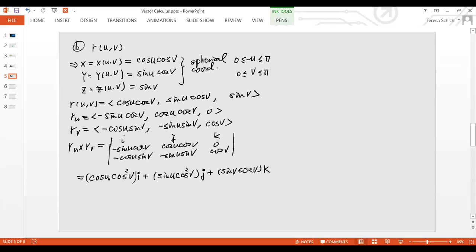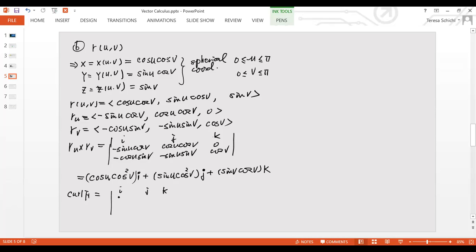It's kind of tedious here. Then also we need to find the curl, right? Because Stokes' theorem will tell you it will be the surface integration of the curl. Okay, so now let's do the curl of F. If you still remember, the curl of F is also this matrix here.